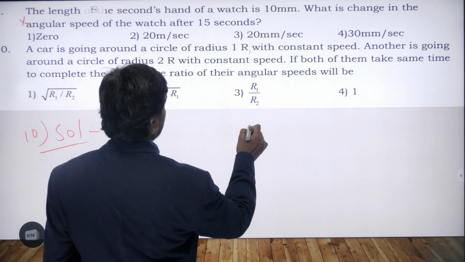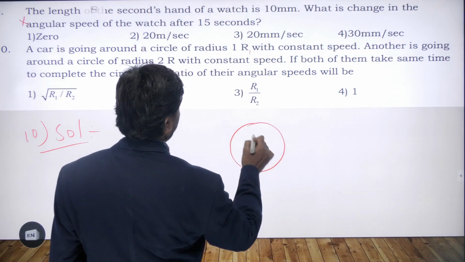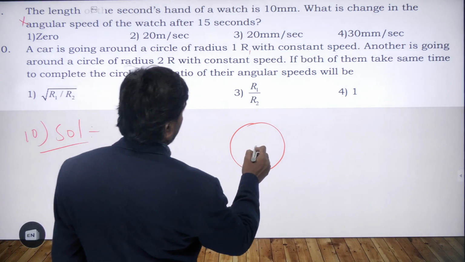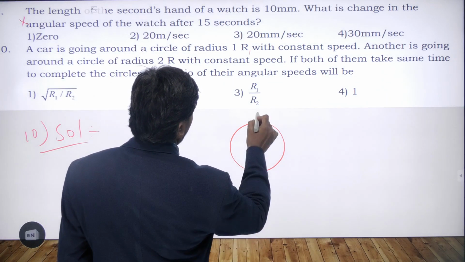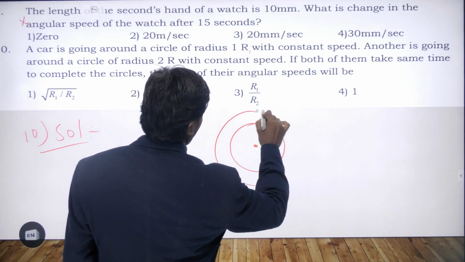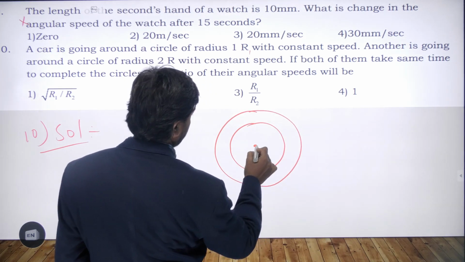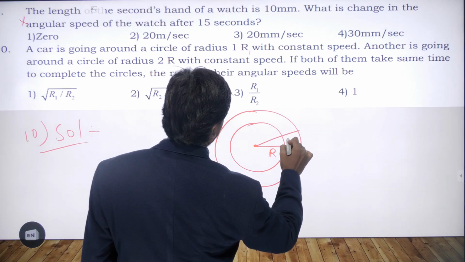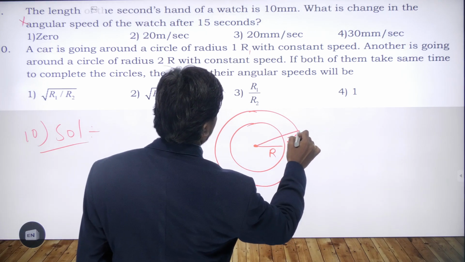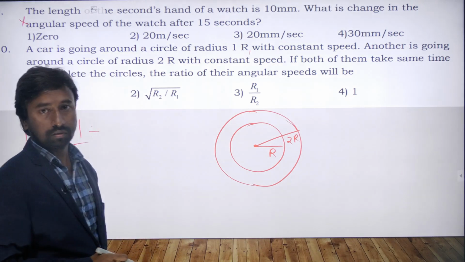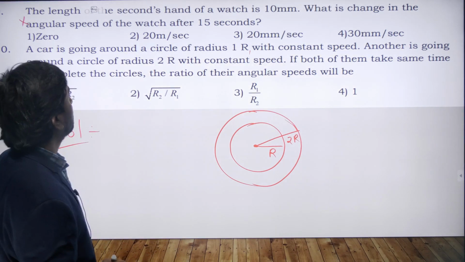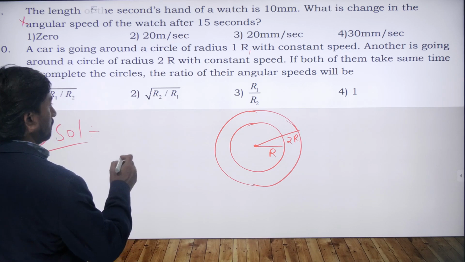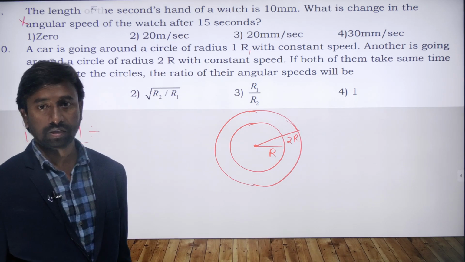Here, this is the radius of the circle of one car. Then concentrically one more car is moving with a radius double of this one. If this is R, then this one will be 2R. The car is moving in a circular path, so the centripetal force and the frictional force will be equal.